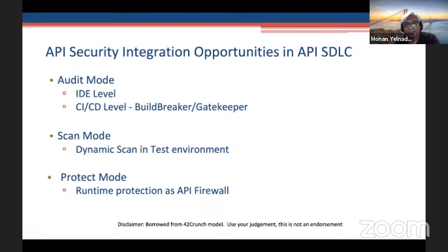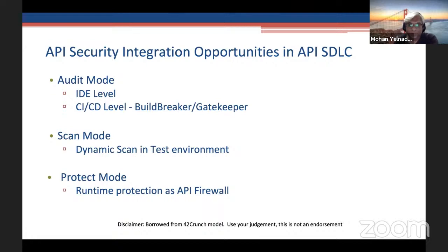And the last is the protect mode. This we talked about during RASP. It's basically runtime protection as an API Firewall or as RASP. It sits in the production environment and keeps looking at the traffic that is coming from the WAF and API gateway, and then this API security tool, running as a RASP or API Firewall, analyzes the traffic.